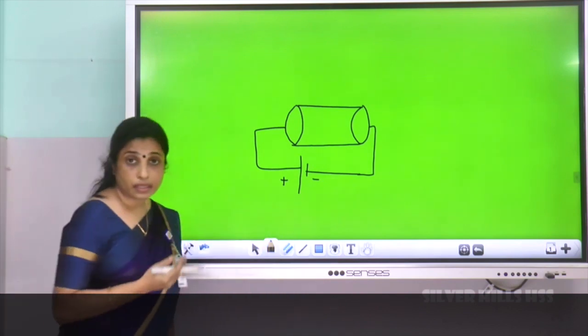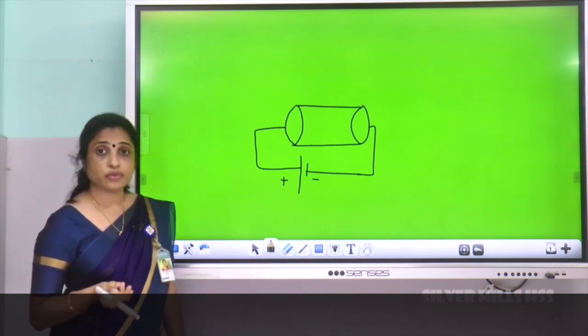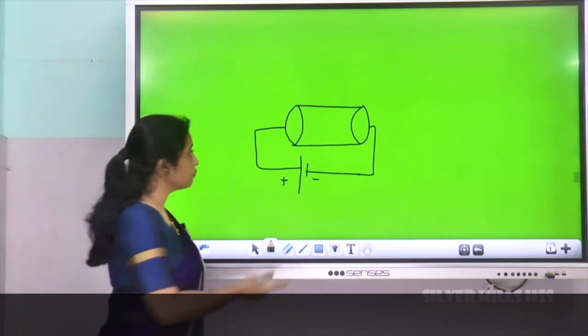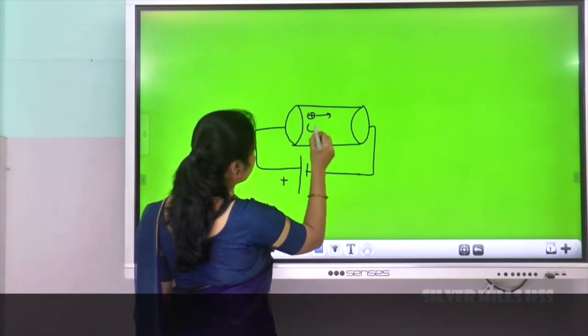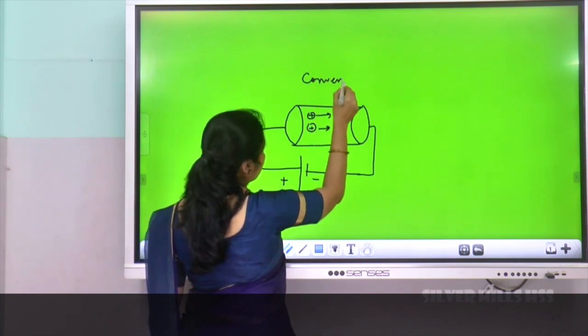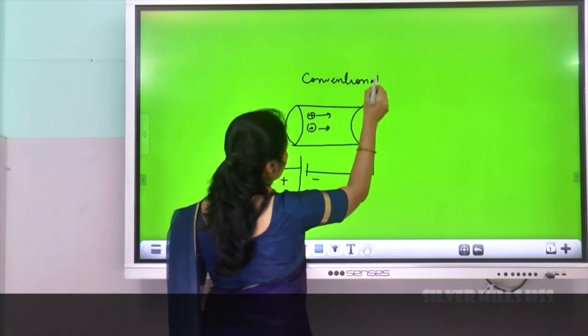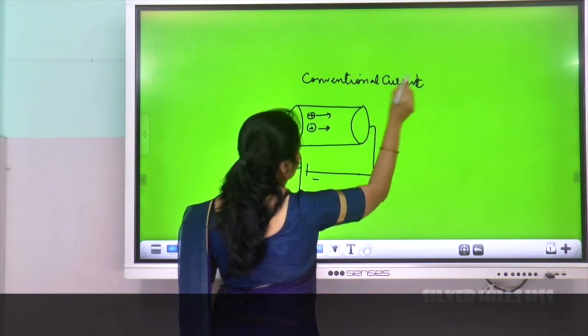Conventionally, the direction of current is the direction in which the positive charges flow. So if the positive charges are flowing in this direction, the direction of conventional current can be marked in this direction.